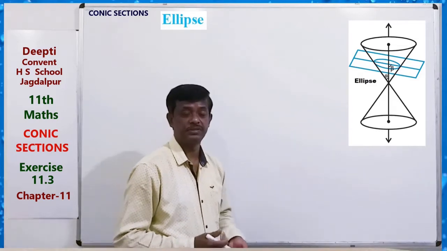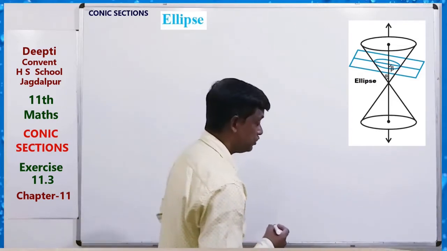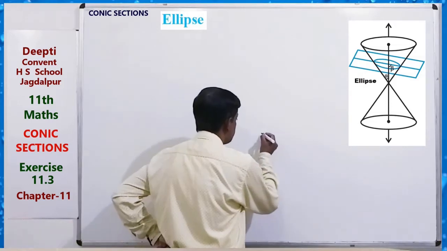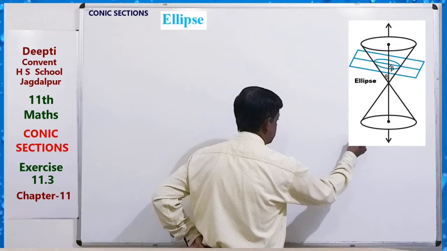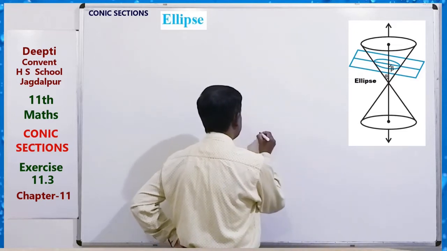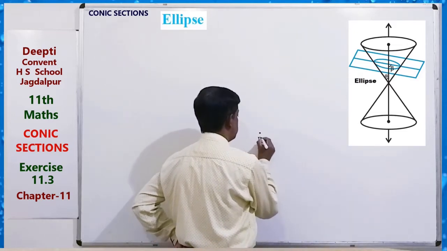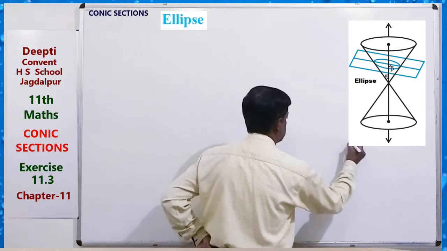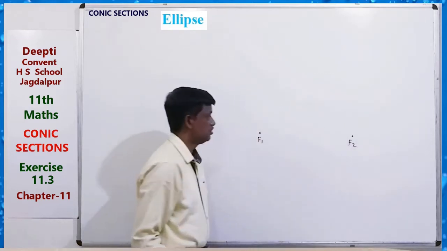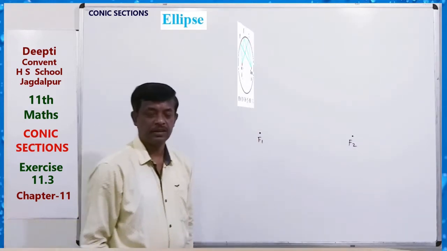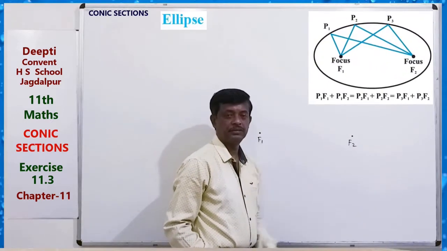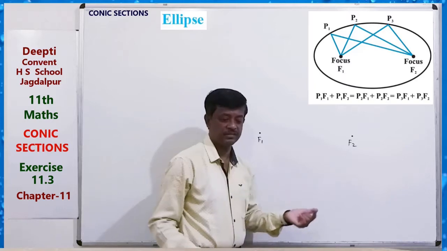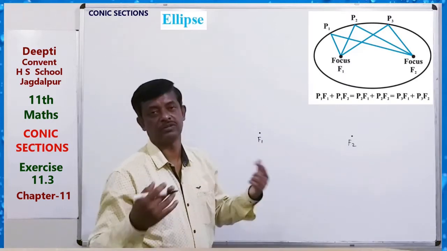It's called an ellipse. So suppose there are two fixed points, this and this. These are the two fixed points. The first point is F1, the second point is F2. Two points are fixed, and we have to find all the points the sum of whose distances from these remains always constant.